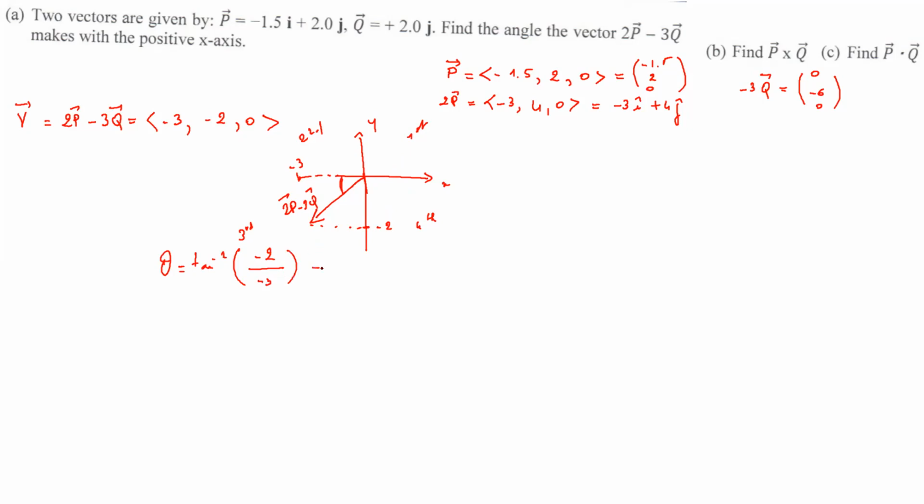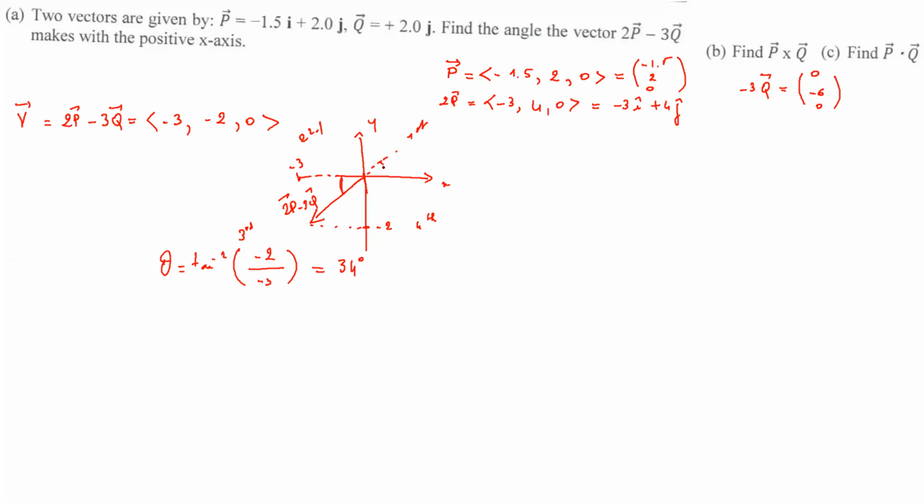So you take your calculator, and you will get 34 degrees. But 34 degrees is in which quadrant? It's in the first quadrant.